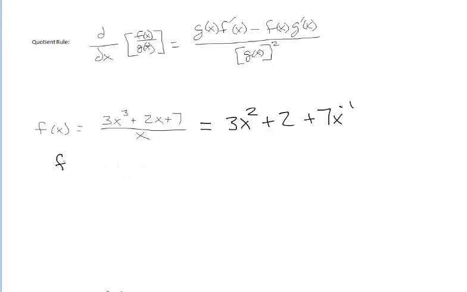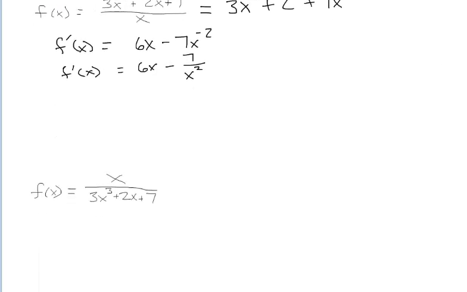So f prime of x is equal to 6x minus 7x to the negative 2, which is also equal to 6x minus 7 over x squared. So just because it looks like you should use the quotient rule, if you can simplify it and use an easier rule, go ahead and do that.